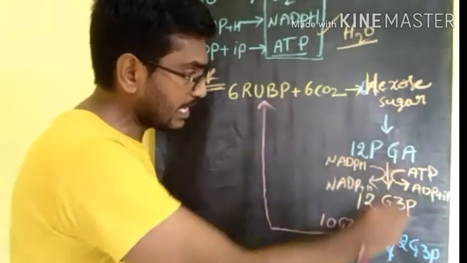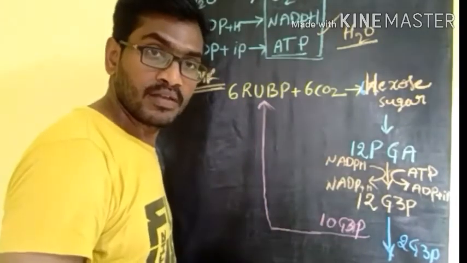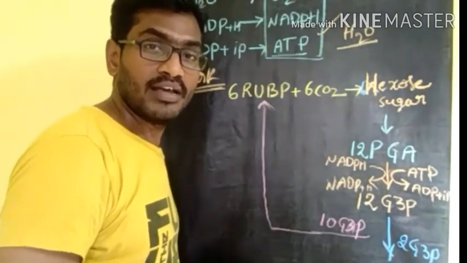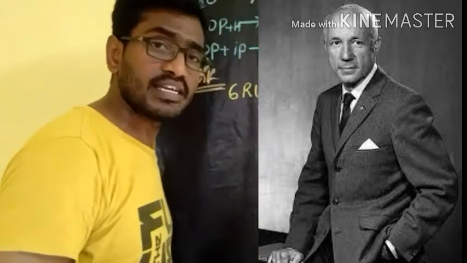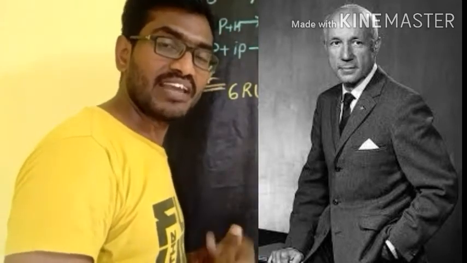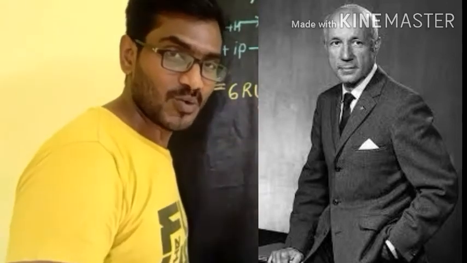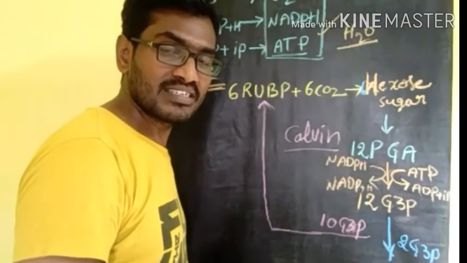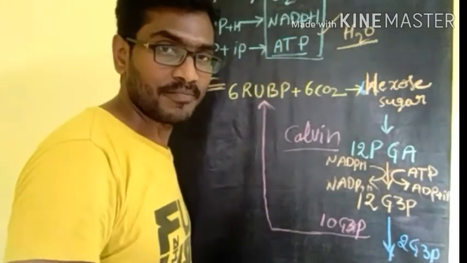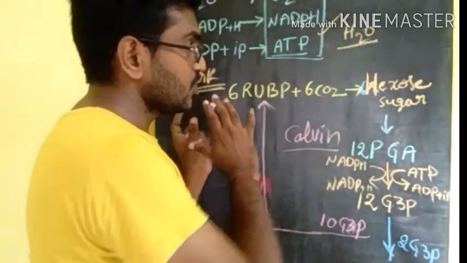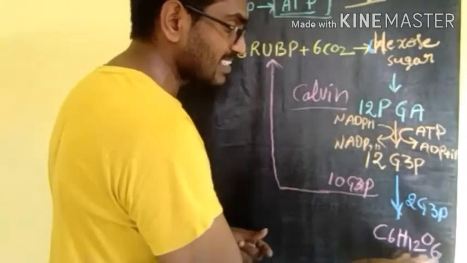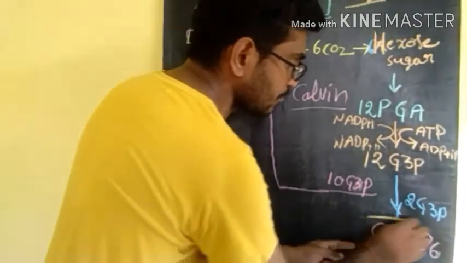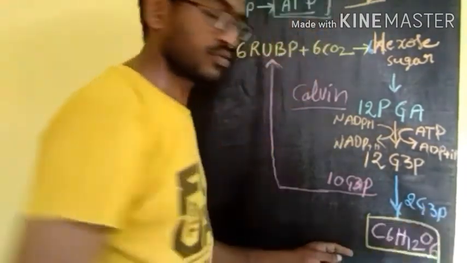These cyclic reactions were discovered by a scientist called Calvin. That's why we call these cyclic reactions the Calvin cycle. Where does the Calvin cycle occur? In the stroma. Where do light reactions occur? In the grana. This is how during photosynthesis plants synthesize food, that is glucose.